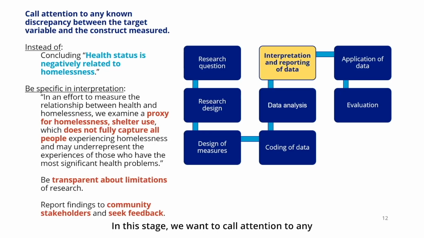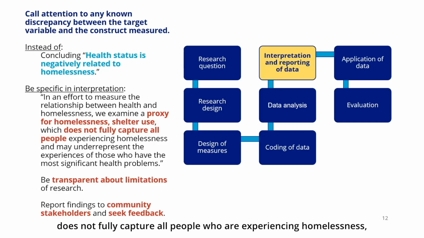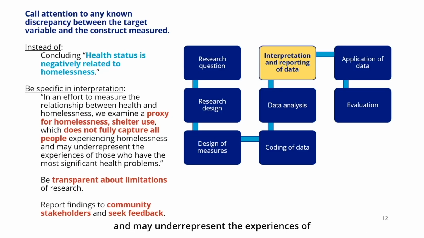In this stage, we want to call attention to any known discrepancies between the target variables and the constructed measures. For example, instead of concluding and reporting health status is negatively related to homelessness, we want to be more specific in our interpretation, and we could say, in an effort to measure the relationship between health and homelessness, we examine a proxy for homelessness, shelter use, which does not fully capture all people who are experiencing homelessness and may underrepresent the experiences of those who have the most significant health problems.